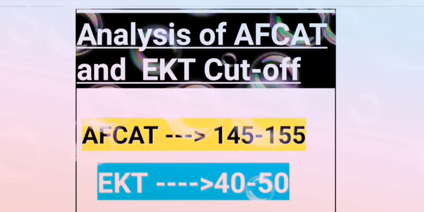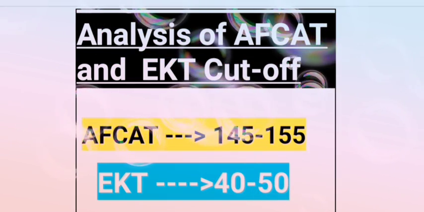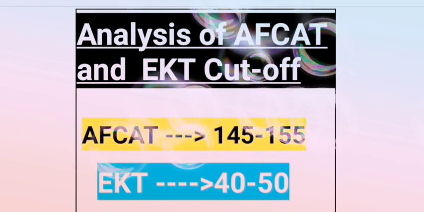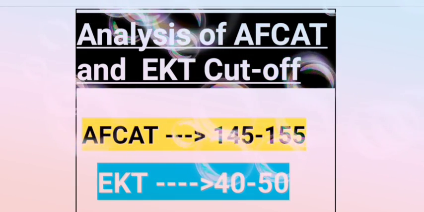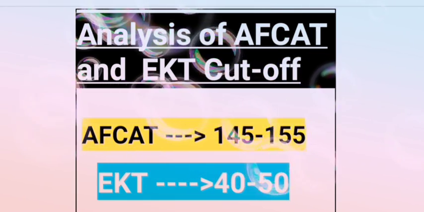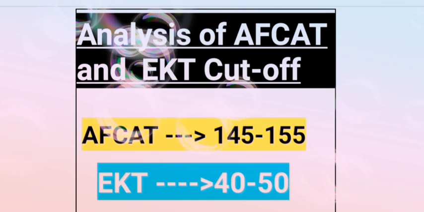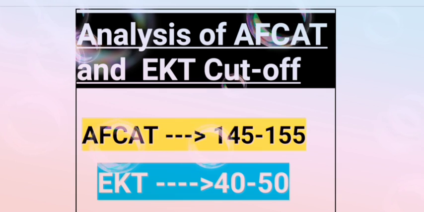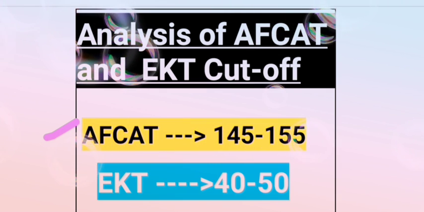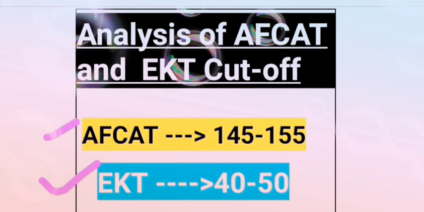As per the previous year paper and previous session, that is AFCAT 1 2020, the cutoff was above 150. Okay, but at this time, as per information from social media and other platforms, we get that the AFCAT paper and EKT paper are going to be difficult.